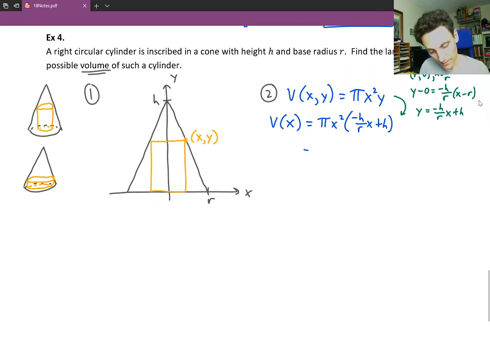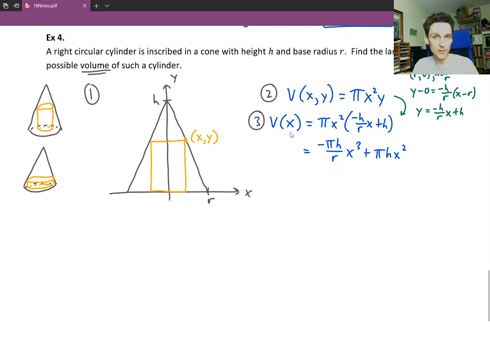We'll take a moment to clean that up a little bit by distributing in the x. And oh, we did the third step. Didn't even notice it. The third step again was to take any two variable function and reduce it down to a single variable.